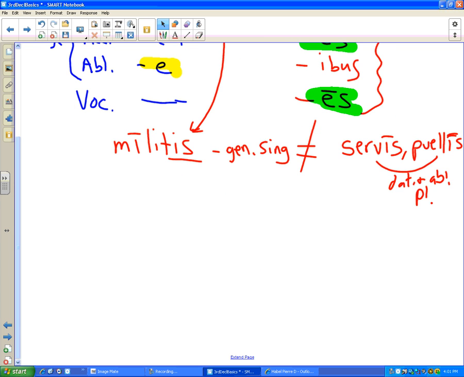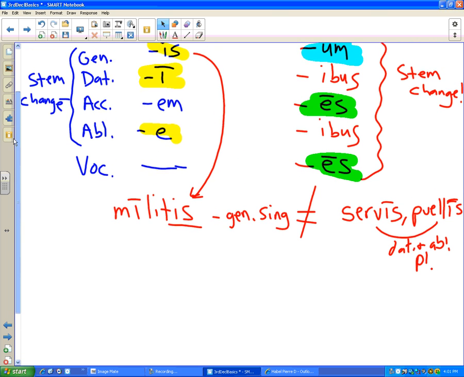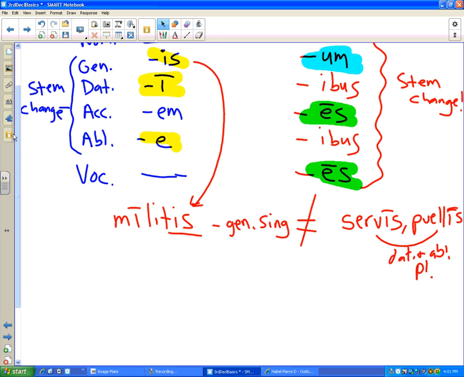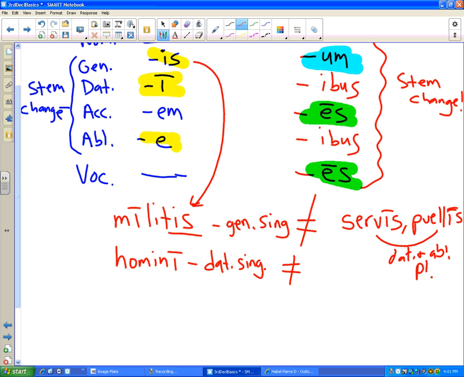Second, potentially ambiguous ending, and pardon me, let me put this back up in view. The ending long i on a word like homini, third declension noun, that's going to be a dative singular ending. Okay. It is, again, not the same as an ending such as, well, I'm going to go ahead and switch colors over here.